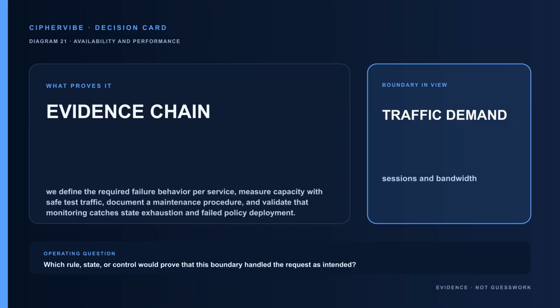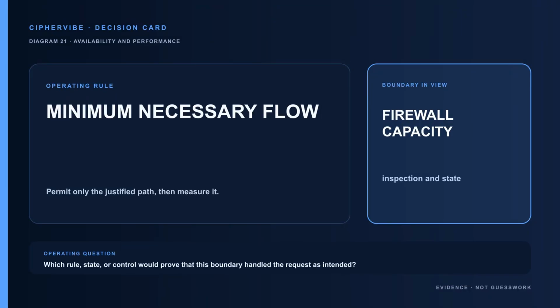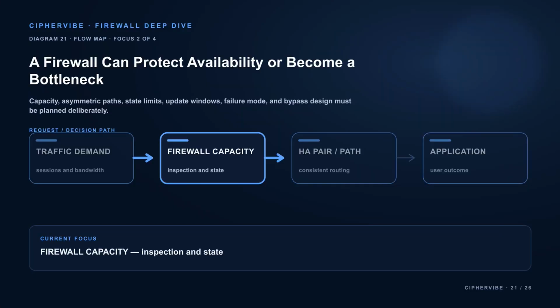Mechanically, traffic passes through a forwarding and inspection path with finite state and processing capacity. Resilience mechanisms preserve or restore an approved path when components fail or are maintained. The common failure is that fail-open or bypass behavior is chosen casually, causing either an avoidable security exposure during failure or a complete customer outage without a tested recovery procedure. For the Northstar Commerce simulation in this video, we define the required failure behavior per service, measure capacity with safe test traffic, document a maintenance procedure, and validate that monitoring catches state exhaustion and failed policy deployment.